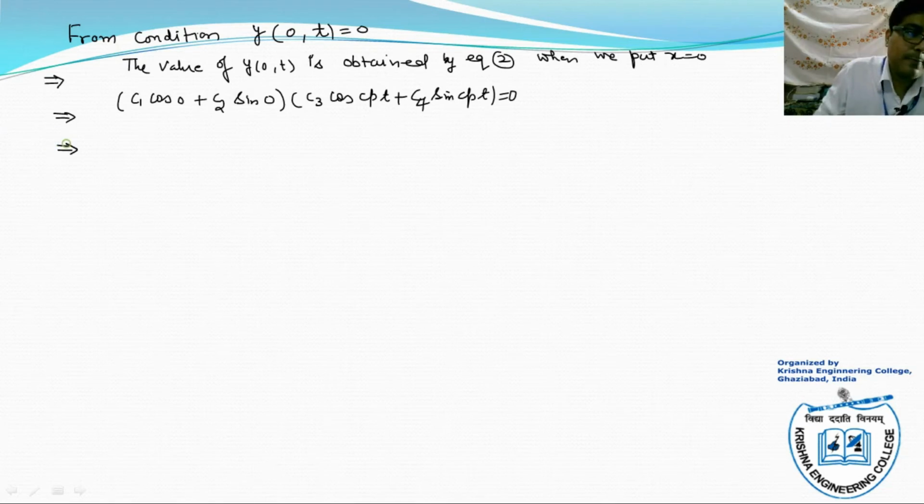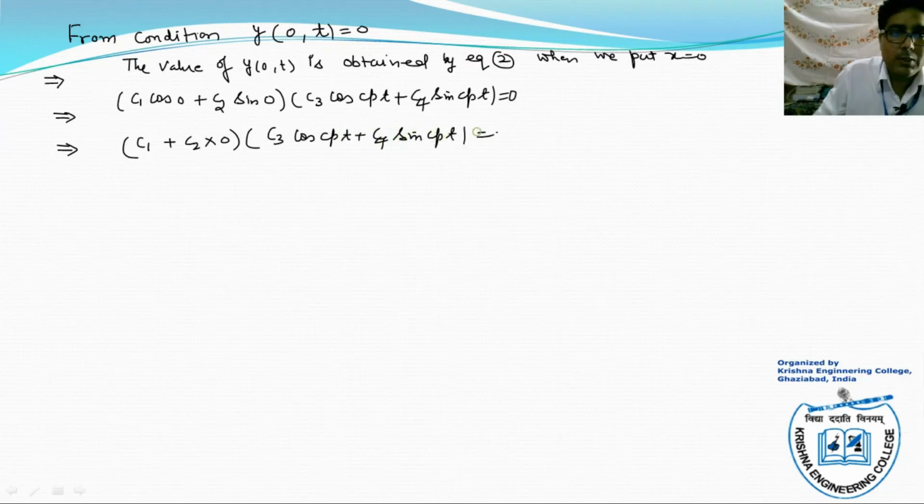Here we get C1 into cos 0 is equal to 1 and C2 sin 0 is equal to 0. So we get C1 into C3 cos cpt plus C4 sin cpt is equal to 0.